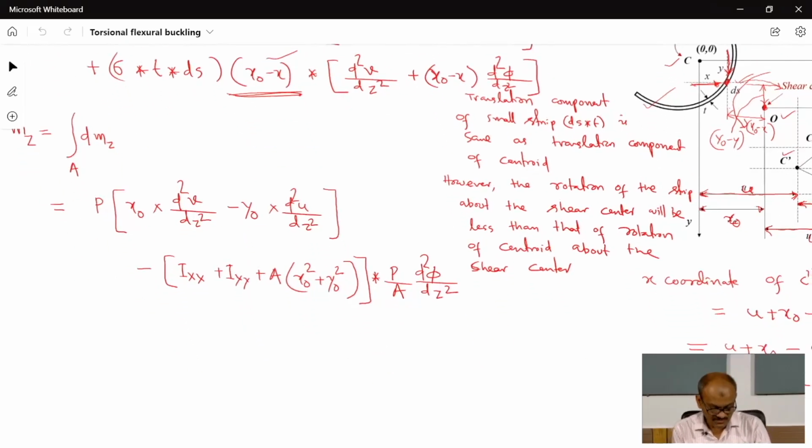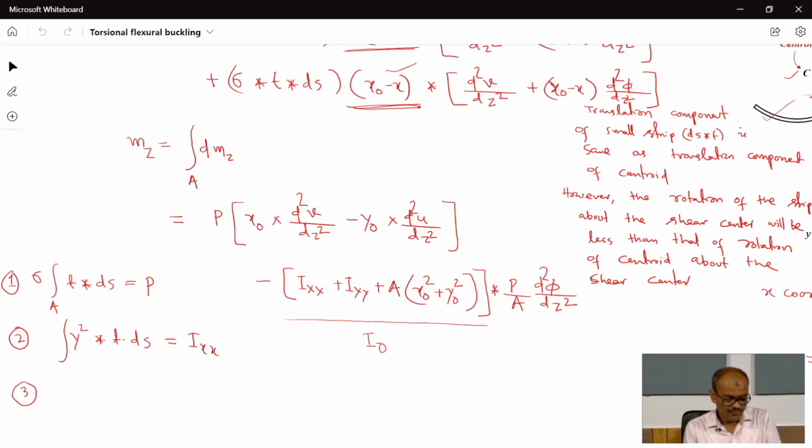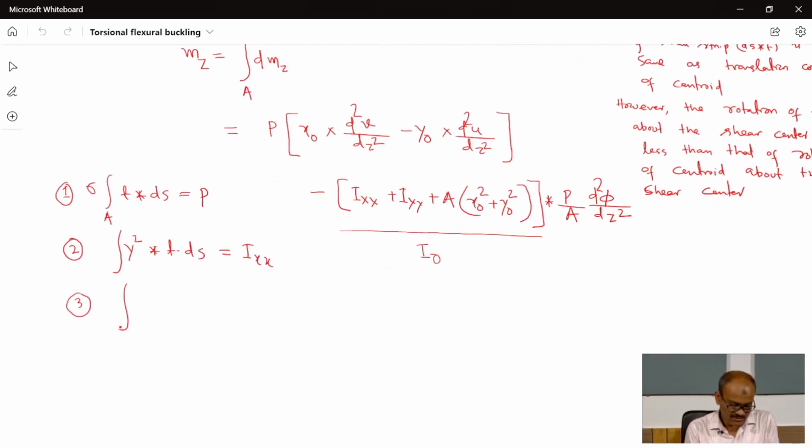Here this is I naught. What we have done is substituted, first, sigma into integration of t ds equal to P. Second, we have substituted y square into t ds as Ixx, and third, we have taken x square into t ds equal to Iyy.